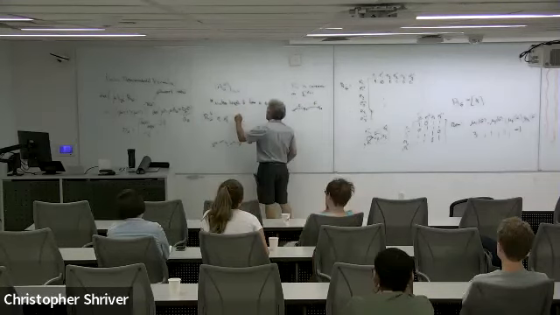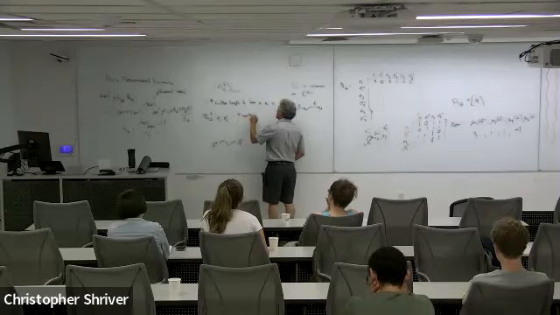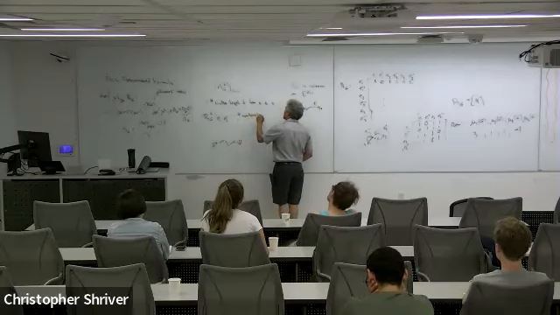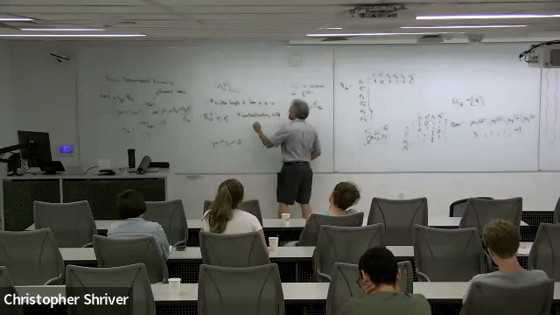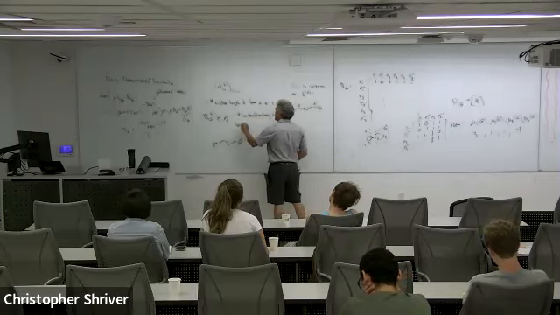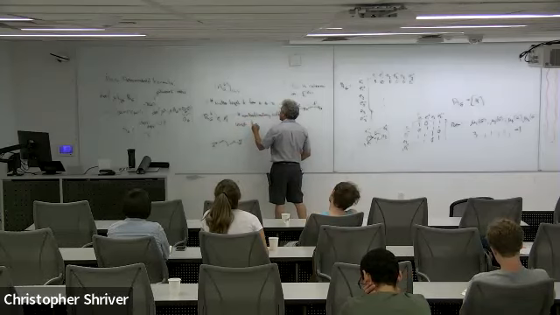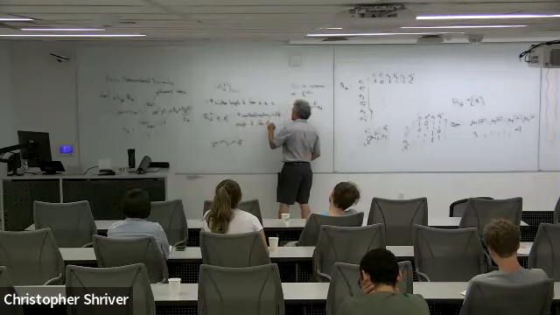So this is the number of non-backtracking walks of length k from E1 to E2.